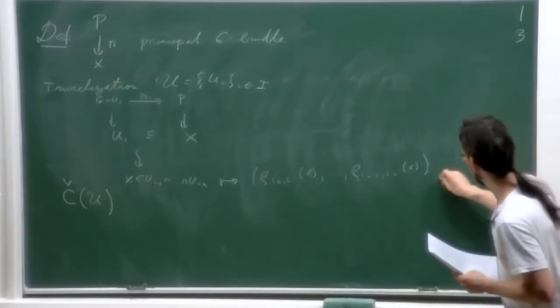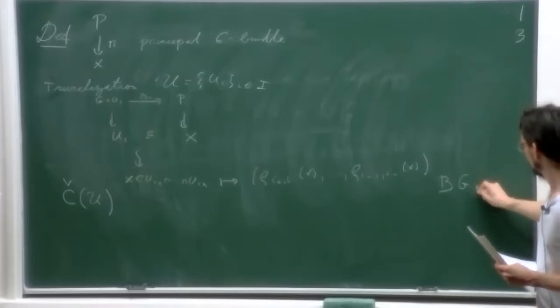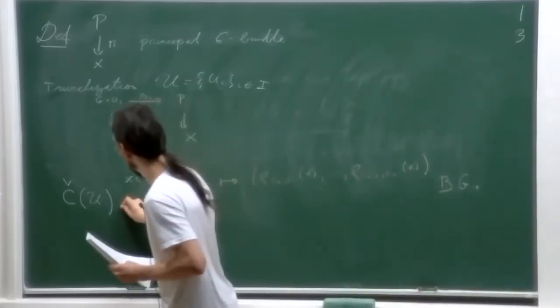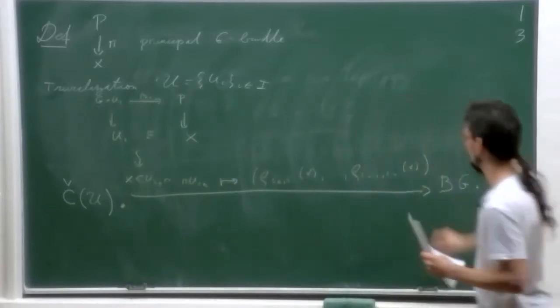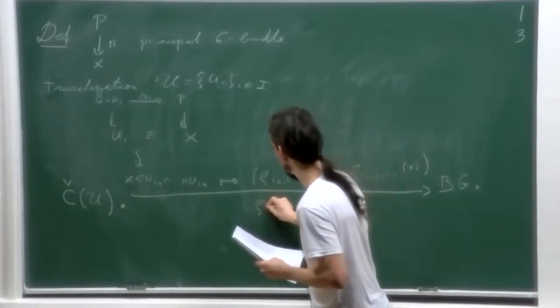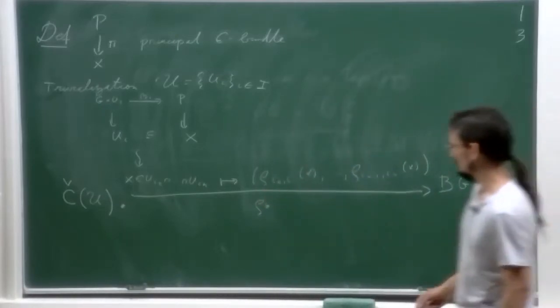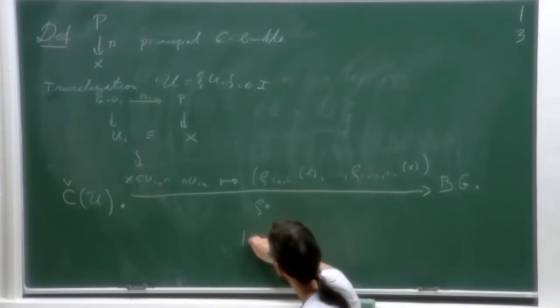So thus you land in BG. So these are the maps which I can just denote by rho bullet. These are the maps, the geometric realization of which is the classifying map.